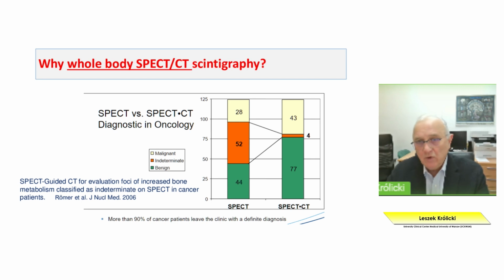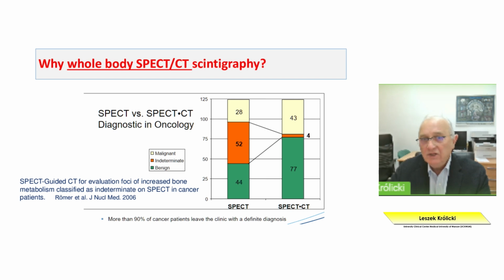What did the whole body SPECT CT scintigraphy allow us? Actually, the hybrid methodology shows to be much different in the numbers, as you can see here. So when we speak about diagnostics in oncology, in case of SPECT, 52 examinations were not accurate.